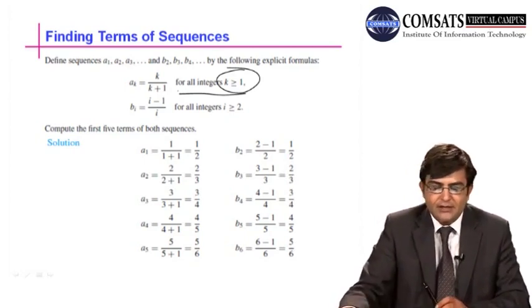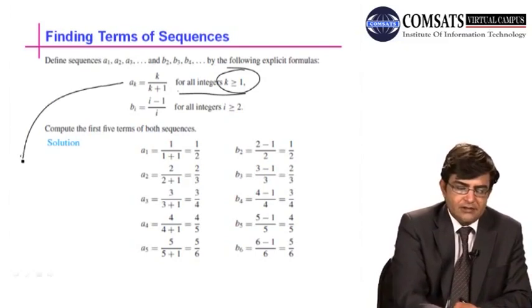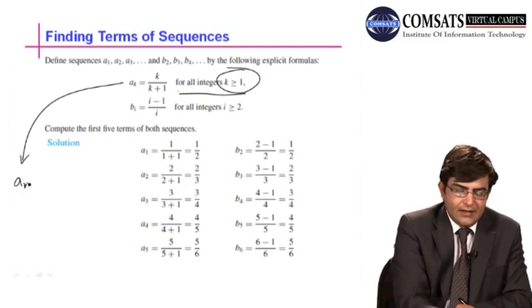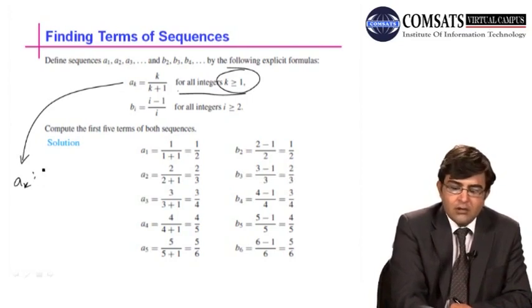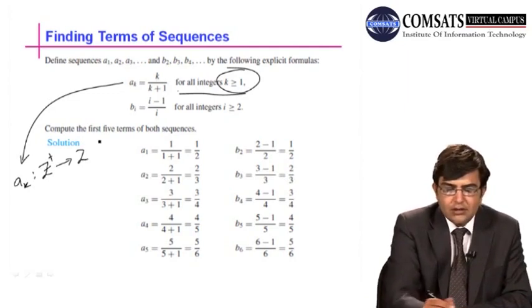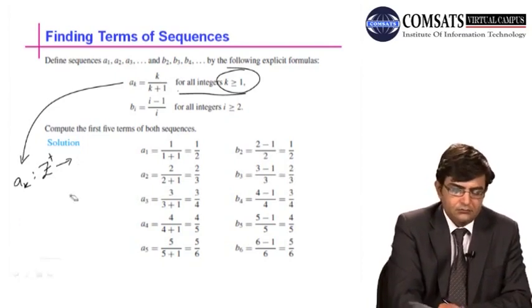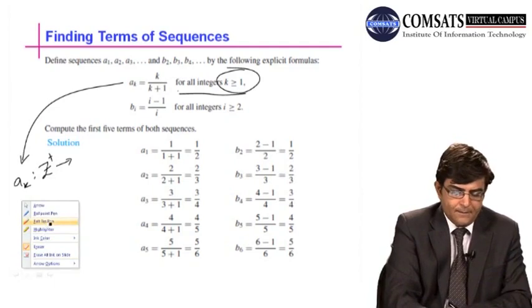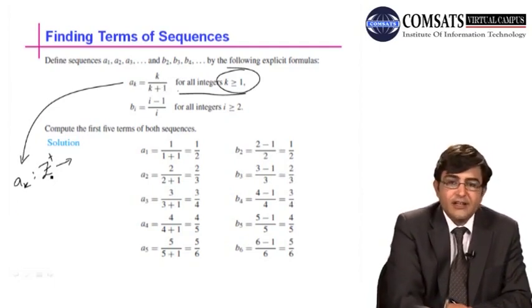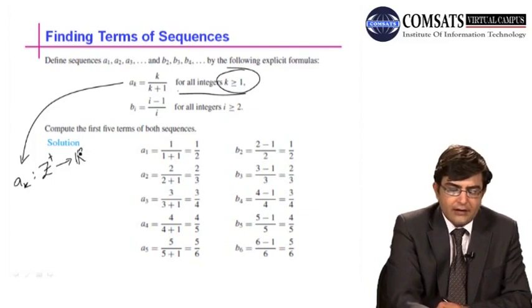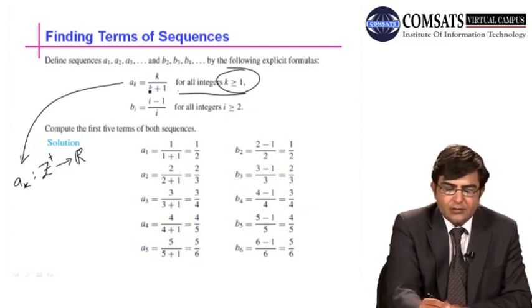For example, this is a function a_k from Z plus to, it may be some rational number, so we define it from Z plus to R, because this number could be a non-integer.